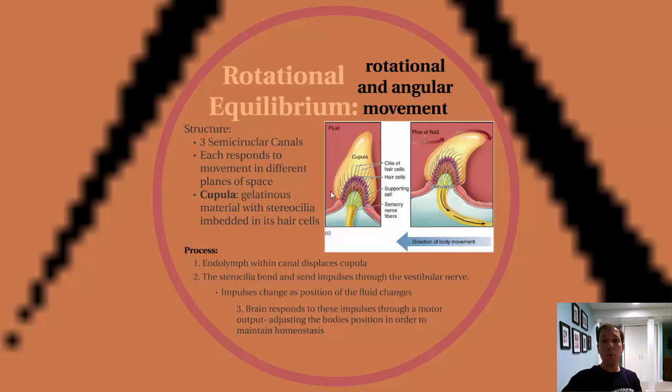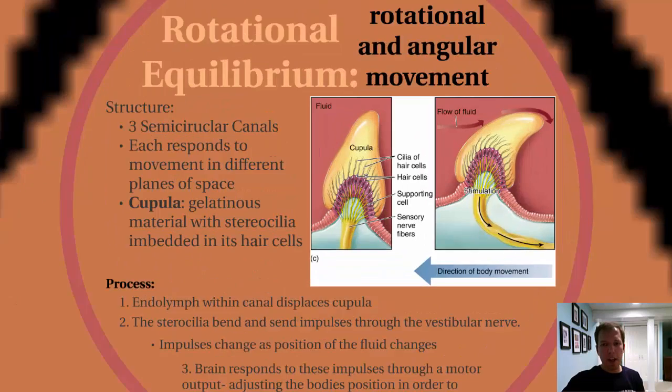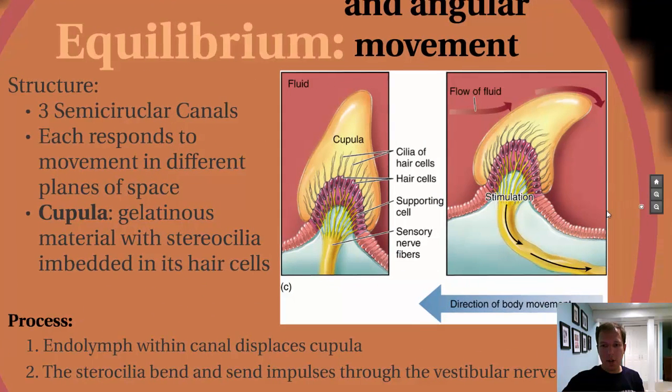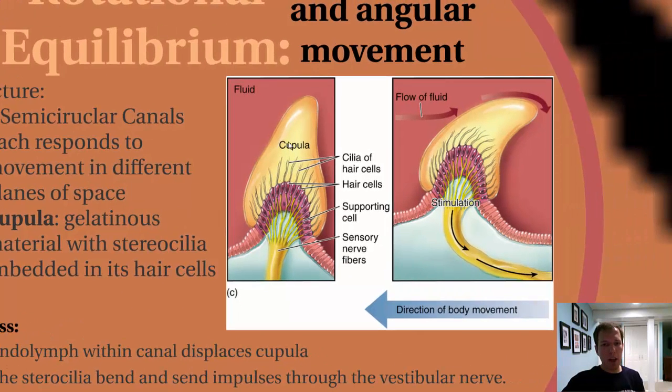And as the fluid moves through, you have sets of these sense organs called cupulas. As the fluid is moving to the right, based on what the head is doing, that's going to cause the cupula to bend.